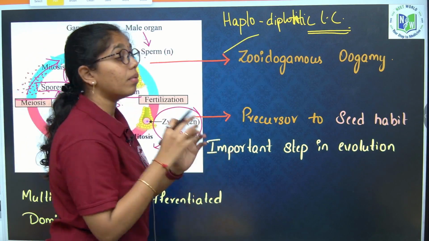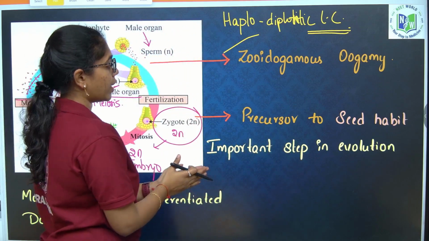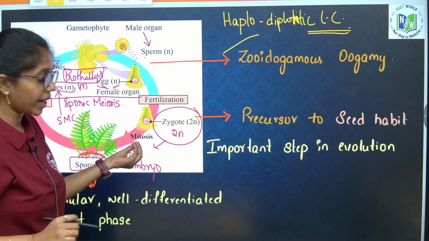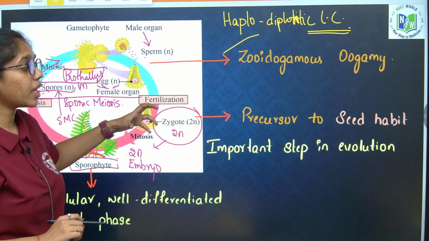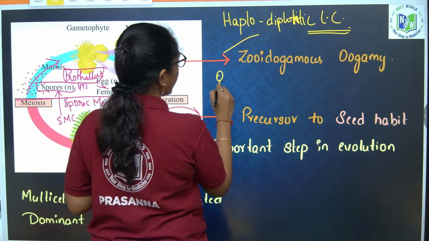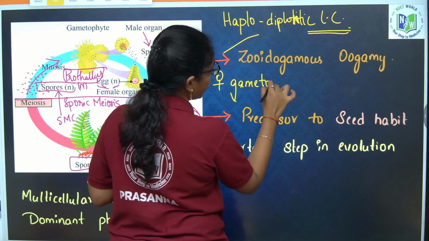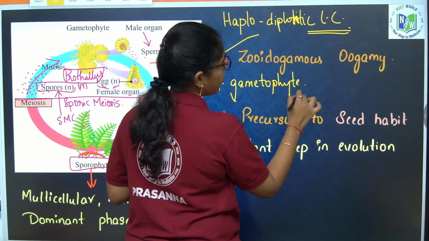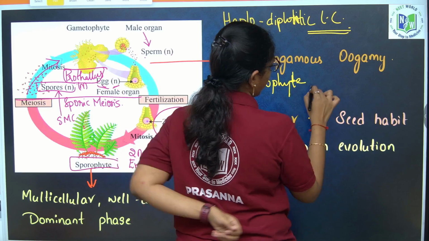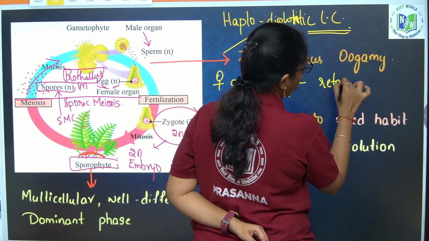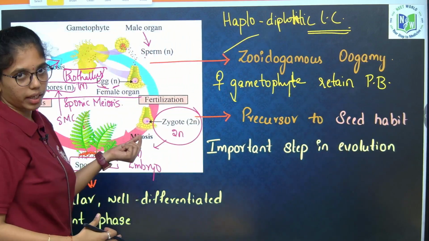Clear? And along with the heterosporous condition, the most important feature of pteridophyte is the female gametophyte can be retained on the plant body for a certain period of time. The female gametophytic structure, that is archegonia, can be retained on the plant body for variable periods of time even after fertilization.